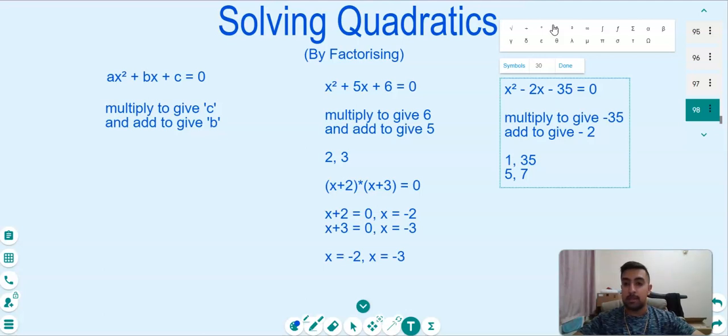So, if we take away or add 1 and 35, we don't get negative 2. With the 5 and 7, if we add them, we get 12, which isn't correct. However, if we subtract 7 from 5, we get negative 2. And that is the number we're looking for. So in this instance, the pair of numbers that we're looking for is 5 and 7.